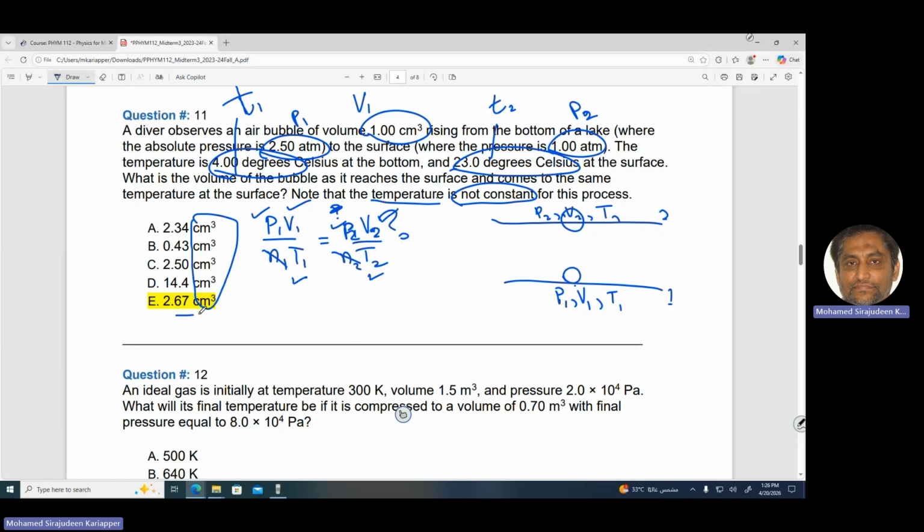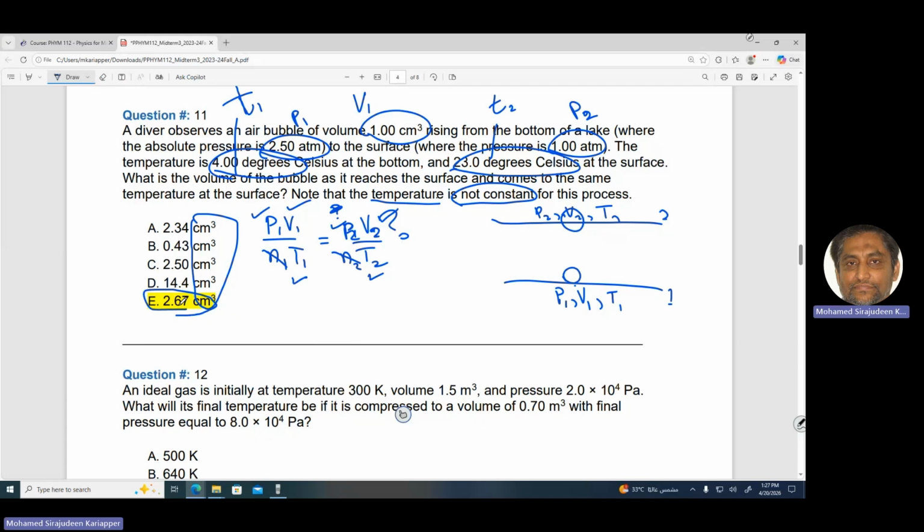So when we were putting all the information in the calculator, would it be fine if we just immediately plug in the temperature in Kelvin instead of doing the Celsius conversion?